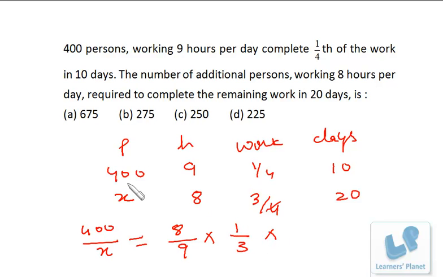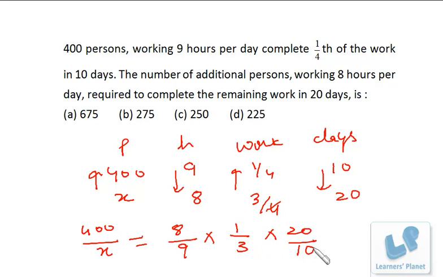Okay, then persons and days, definitely it will be an inverse relationship. See, if more persons are there, less number of days will be required. Okay, so it will be 20 by 10. Okay, I hope you are clear.